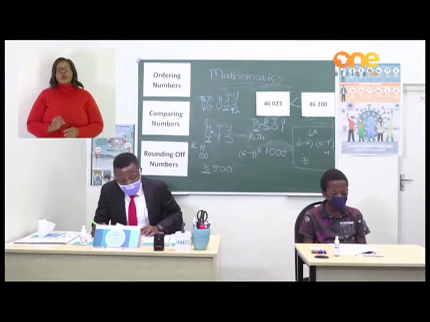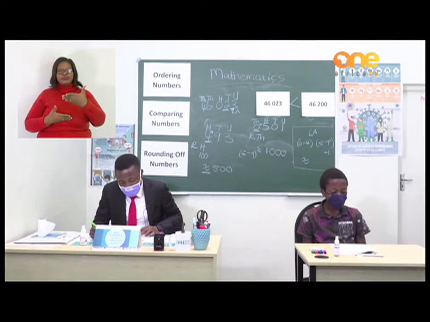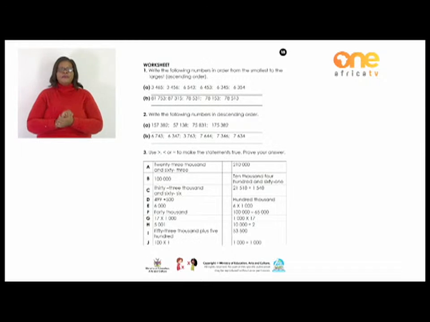Okay, we are now going to do the worksheet on page 15, which has to end on page 16. But let us go to page 15 and start with our activity that you need to do at home. I will go through it with you, but you have to do this on your own. I will just explain where there is a need for change and so on. The first one, number 1, you need to write these numbers in order from the smallest to the largest.